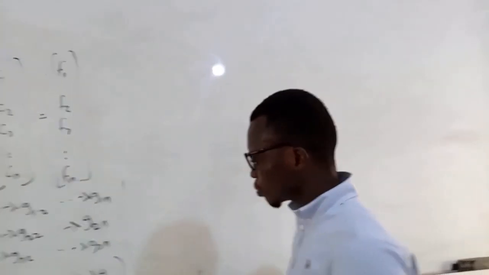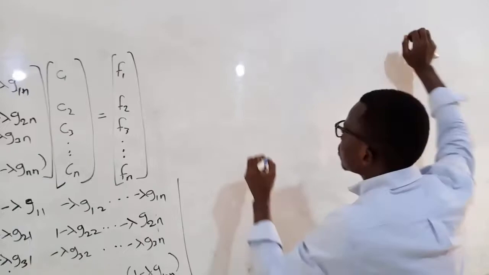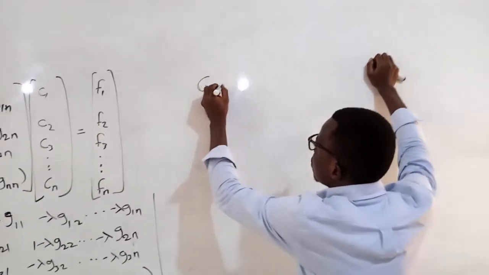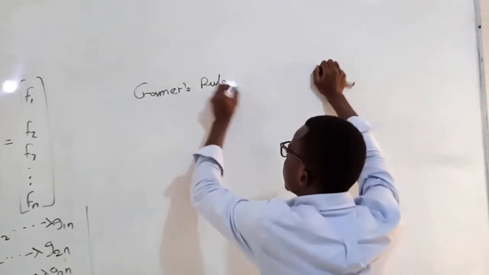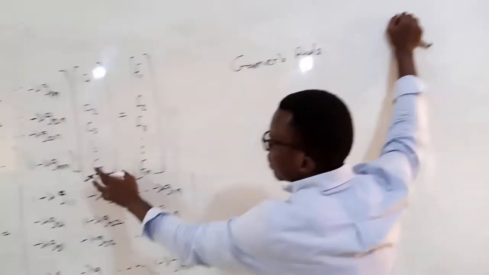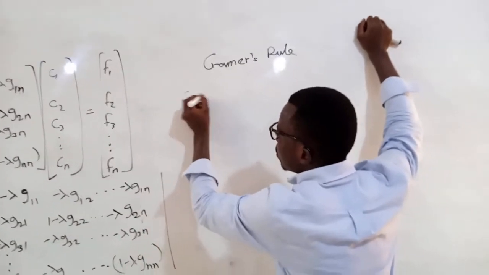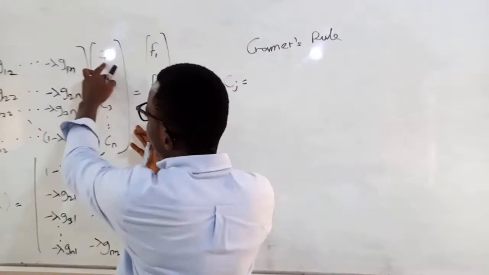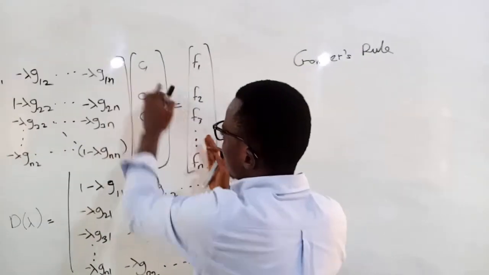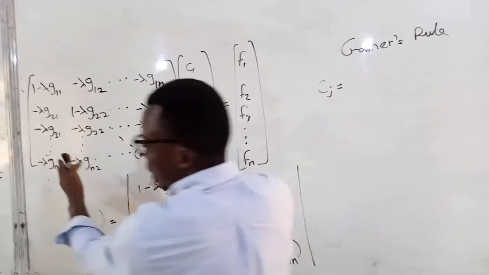So by Kramer's rule, we're going to find the C's. Let's say Cj will be equal to the determinant. If you want to solve for C1, you have to replace the first column and find the determinant.